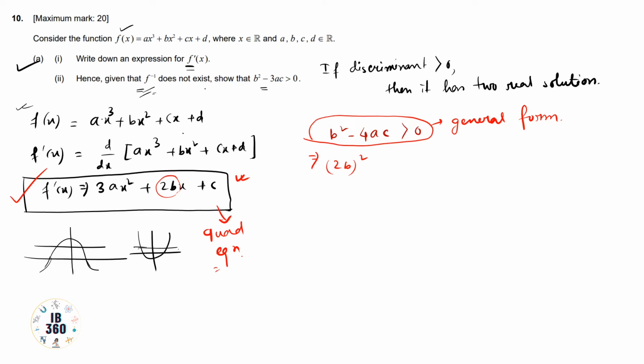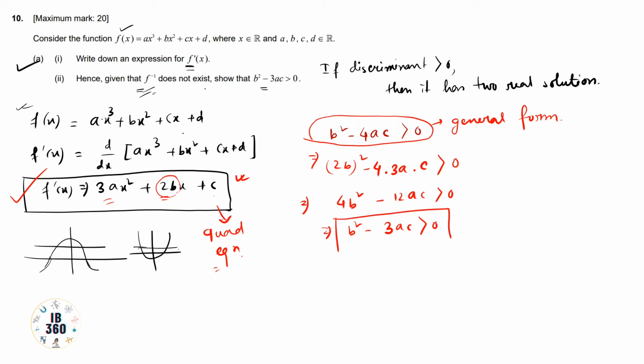So we are using this only here. So the value of b is 2b, minus 4 into the value of a, which is 3a, into the value of c, which is c, greater than 0. So from here we are getting 4b square minus 12ac greater than 0. So we are getting b square minus 3ac greater than 0.